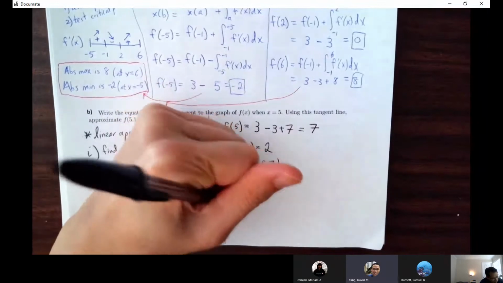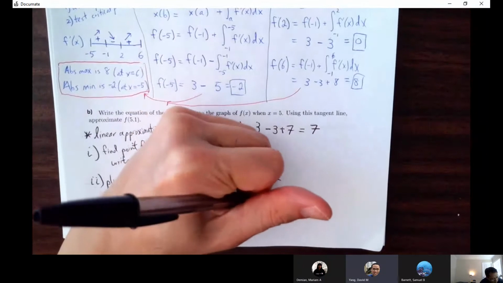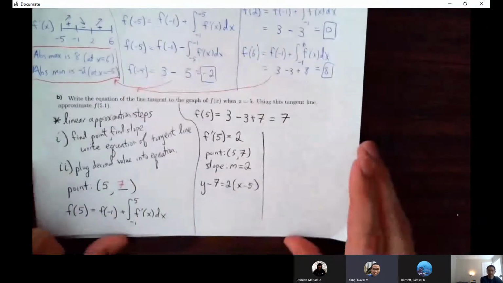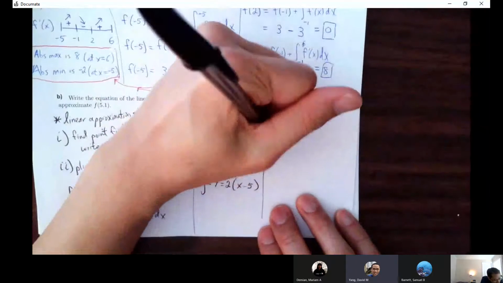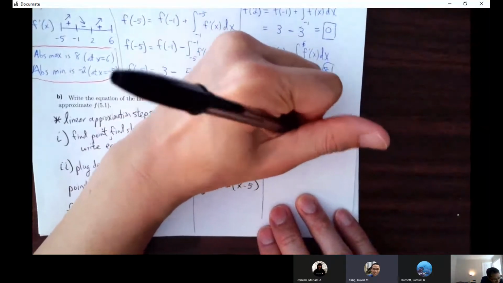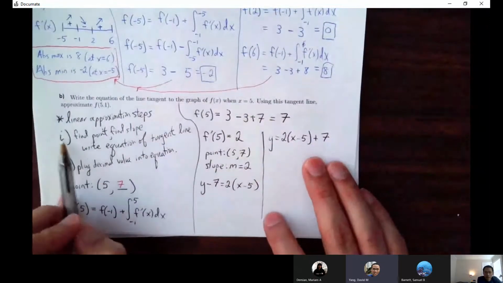Point slope form. Get y by itself. Now we have our tangent line equation.